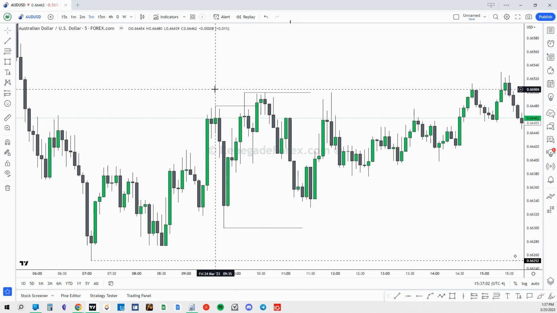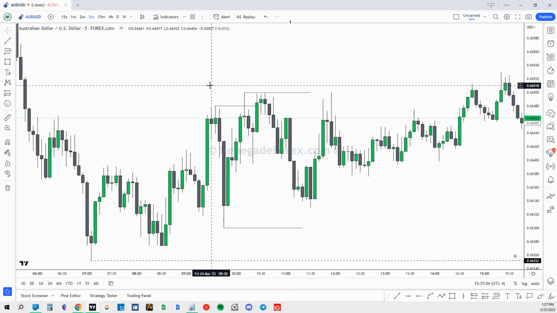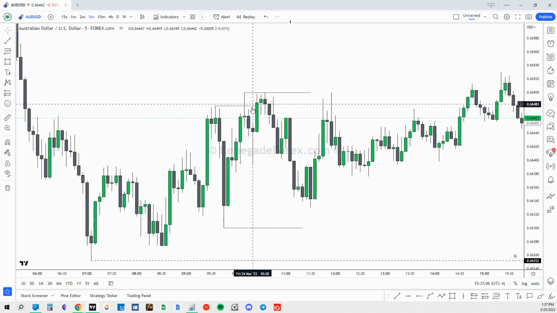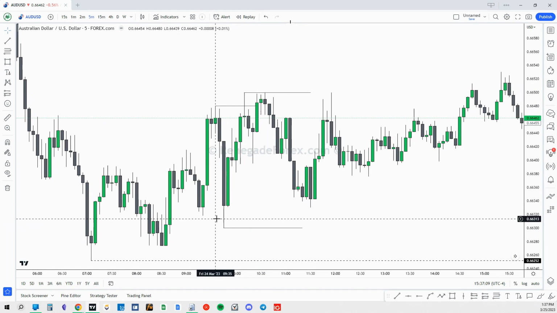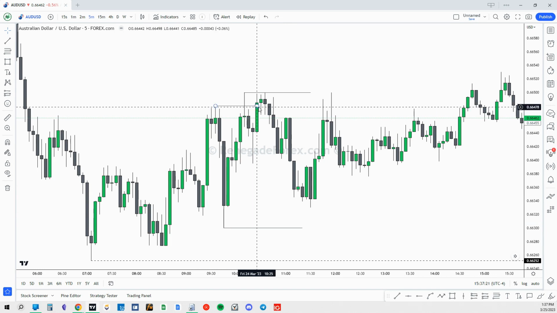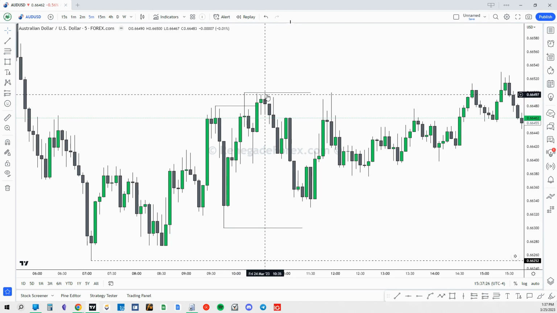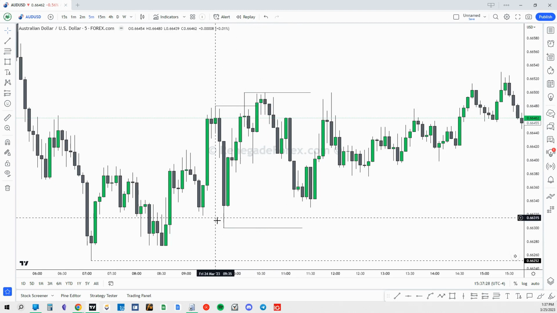Now that we've clarified those pieces, I just want to really talk about the range and what that means, because I think a lot of people have a hard time with this, and I think it gets overcomplicated. Hopefully this lesson can simplify it. So once you have a break of structure, the range now becomes from that break of structure to the low.